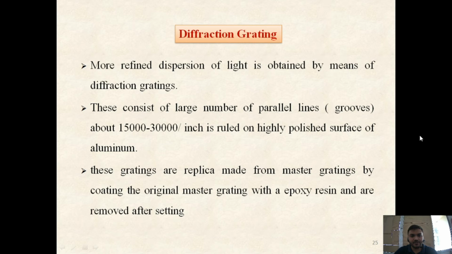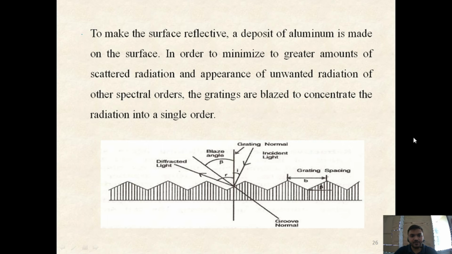These gratings are replicas made from a master grating by coating the original master grating with epoxy resin, which is removed after setting. To make the surface reflective, a deposit of aluminum is made on the surface. In order to minimize the greater amount of scattered radiation and the unwanted radiation of other spectral orders, the gratings are blazed to concentrate the radiation into a single order.